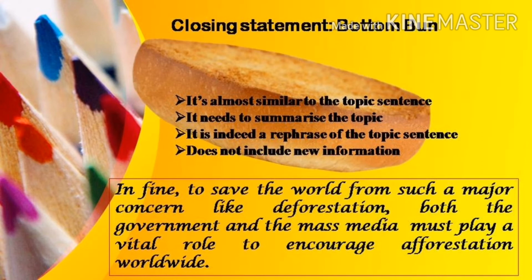It is indeed a rephrase of the topic sentence, and it does not include any new information. This is the example of a good or ideal closing statement of a paragraph. In fine, to save the world from such a major concern like deforestation, both the government and the mass media must play a vital role to encourage afforestation worldwide.